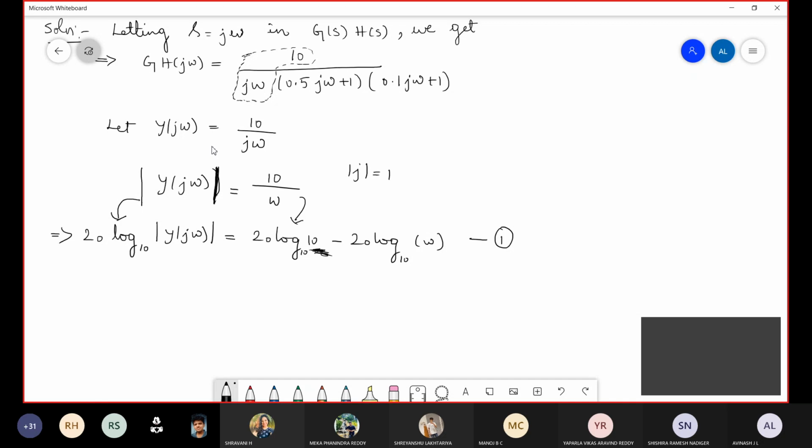So this particular value is a constant value, correct? What is the value you will get? Take your calculator and tell me the answer. 20 log to the base 10 of 10 is how much?